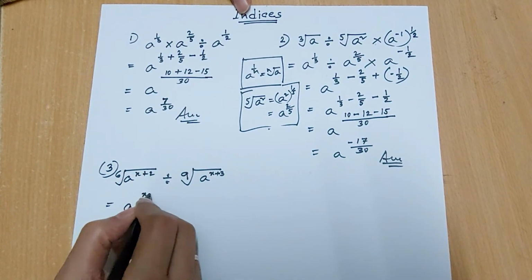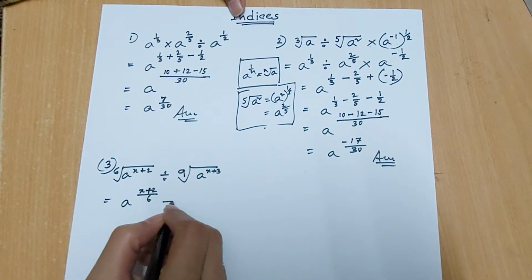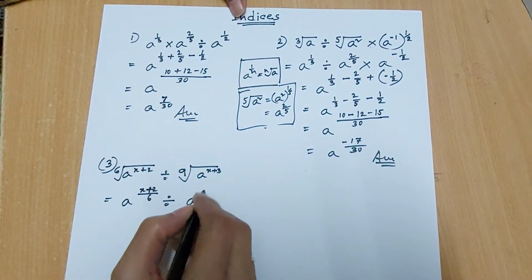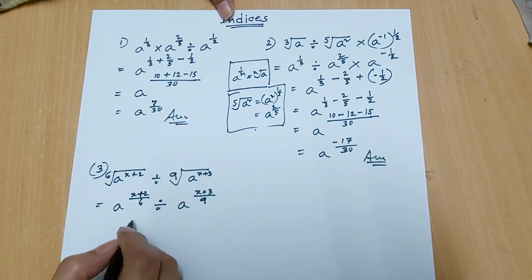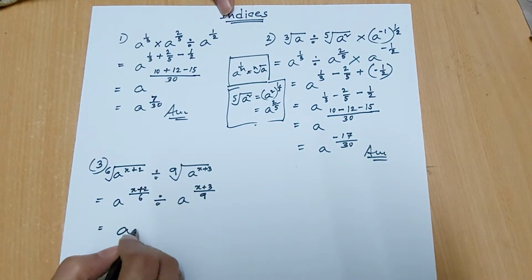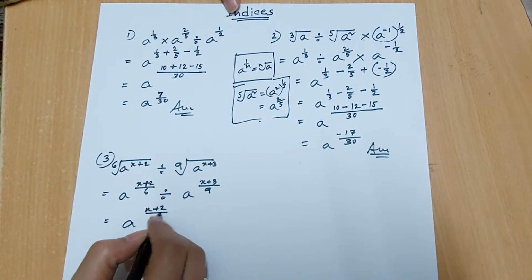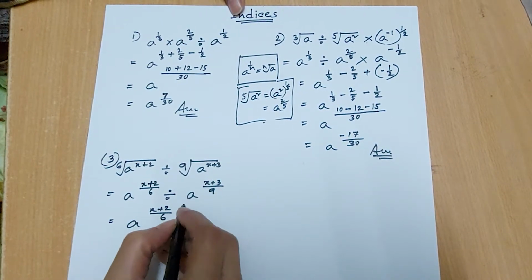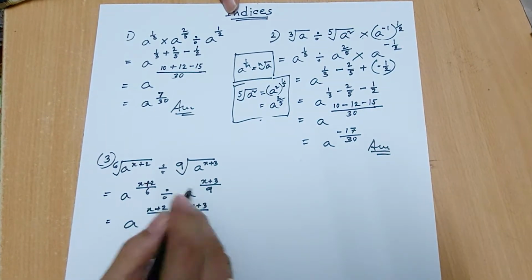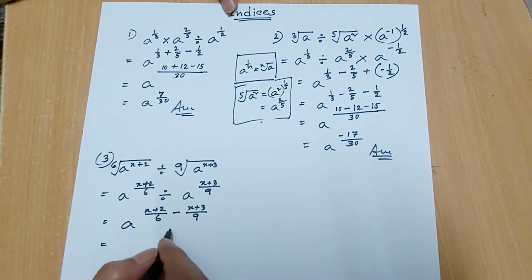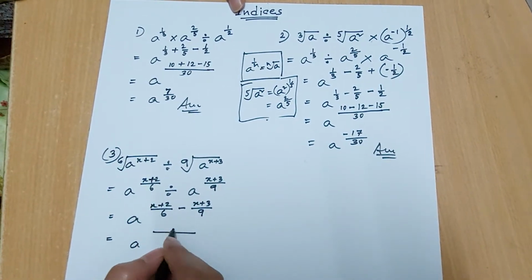A power x plus 2 divided by 6, divided by a power x plus 3 divided by 9. Then what we are going to do, x plus 2 over 6 less x plus 3 over 9, because they are dividing, we're just subtracting the powers. And now it's time to simplify.